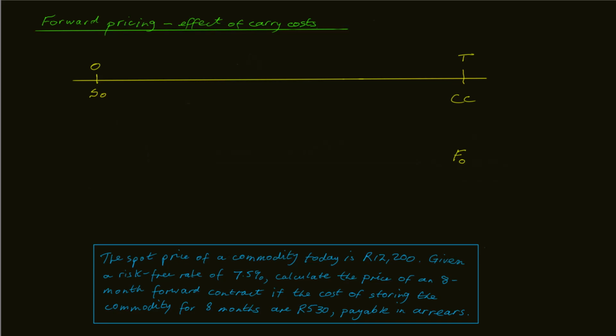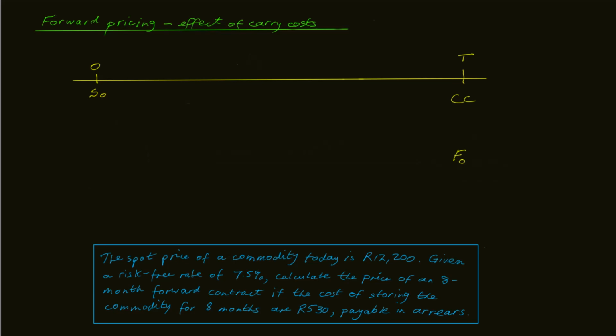The reason that the carry costs are added and not subtracted, which may feel somewhat counterintuitive, is not complicated, but the explanation is best achieved by working through a full arbitrage example, which I think is suitable for a separate video. So for the time being, we're going to proceed using the example in the blue box at the bottom of the screen and simply apply, without question for the time being, the principle that carry costs should be added.